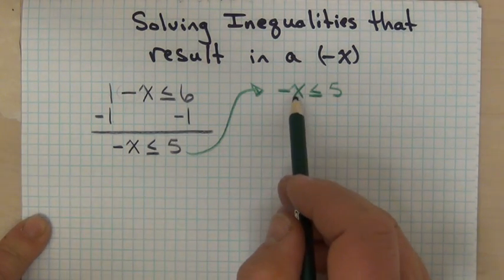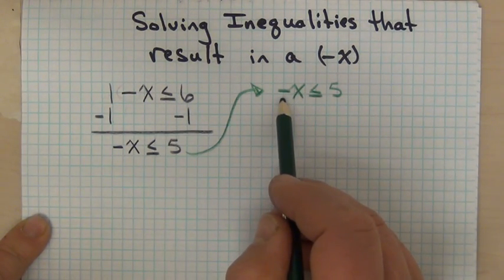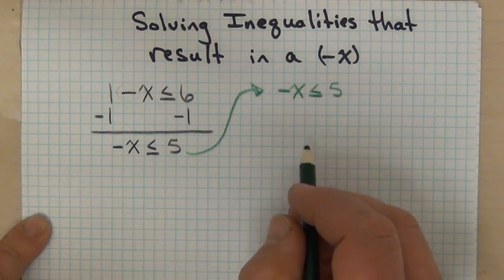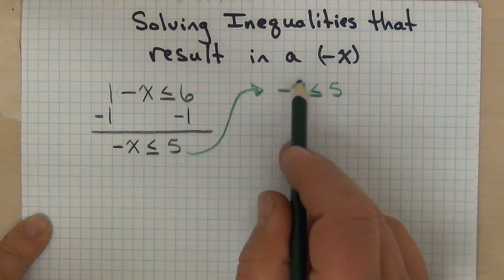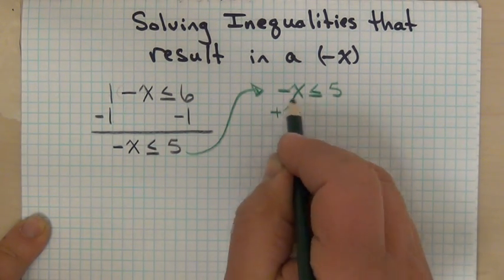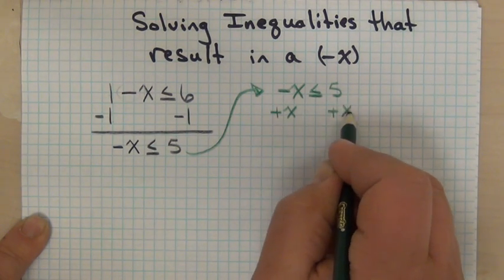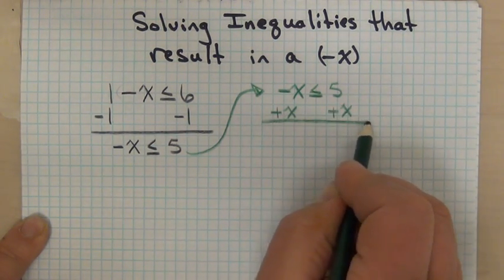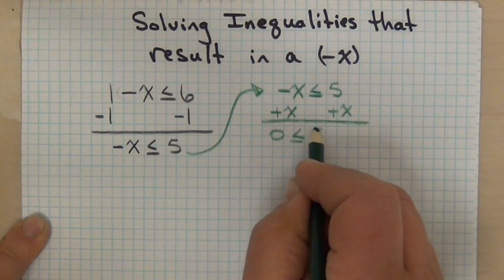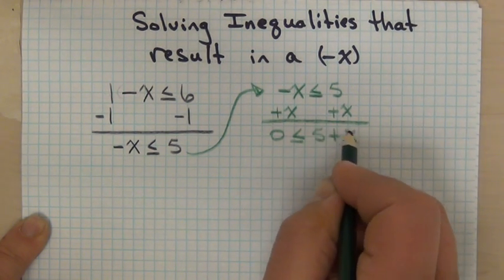So right now I've got negative x, or the opposite of x, is less than or equal to 5. We talked about one way to get this to be positive, which is to multiply or divide both sides by negative 1. Another option for ending with a positive x is simply to add x to both sides. So I'm going to do that. And I get nothing is less than or equal to 5 plus x.